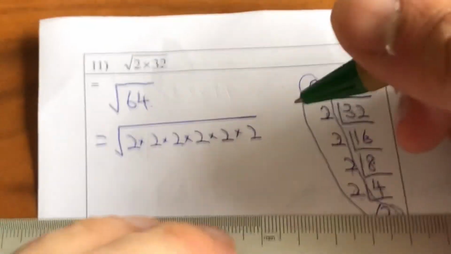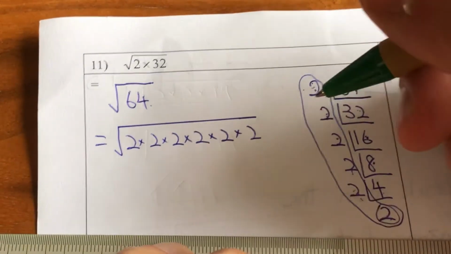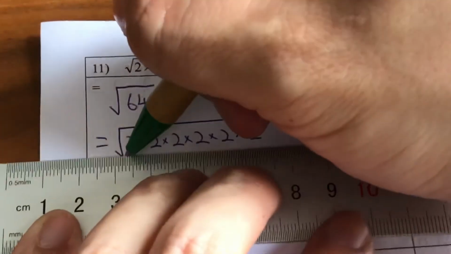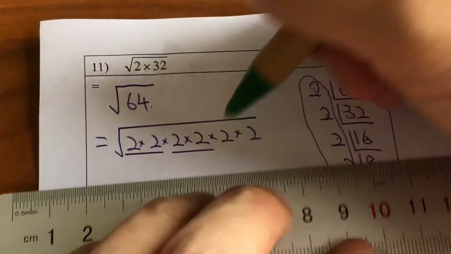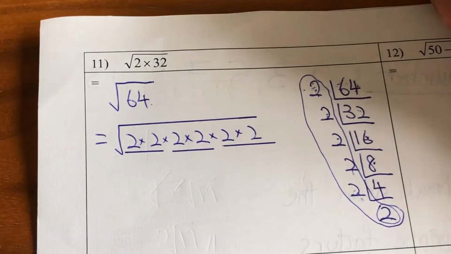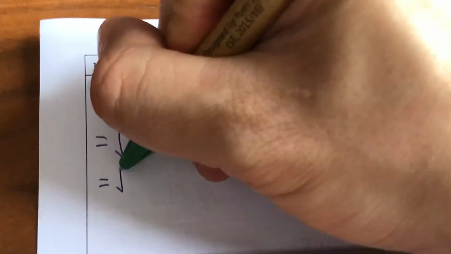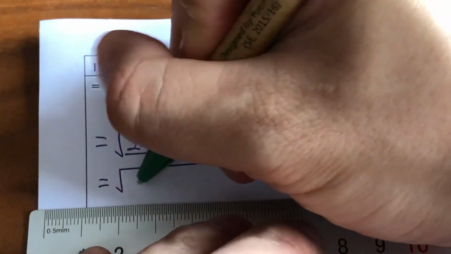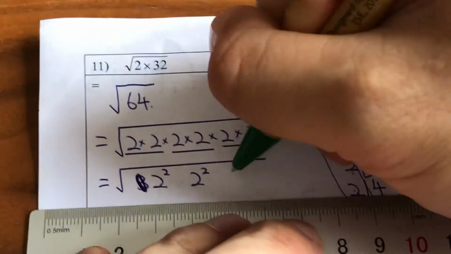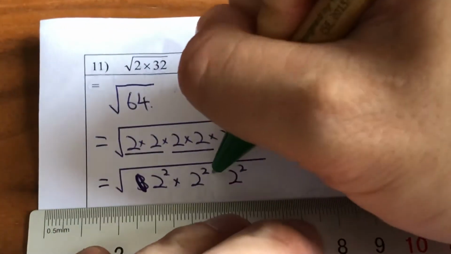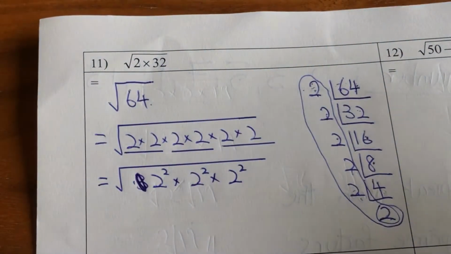And then now, group them. So how many groups can we form? You see that 2 and 2 are the same, one group. 2 and 2 are the same, one group. 2 and 2 are the same, one group. So altogether we have 3 groups. You may rewrite them into 2 to the power of 2, 2 to the power of 2, 2 to the power of 2 times together. Okay?